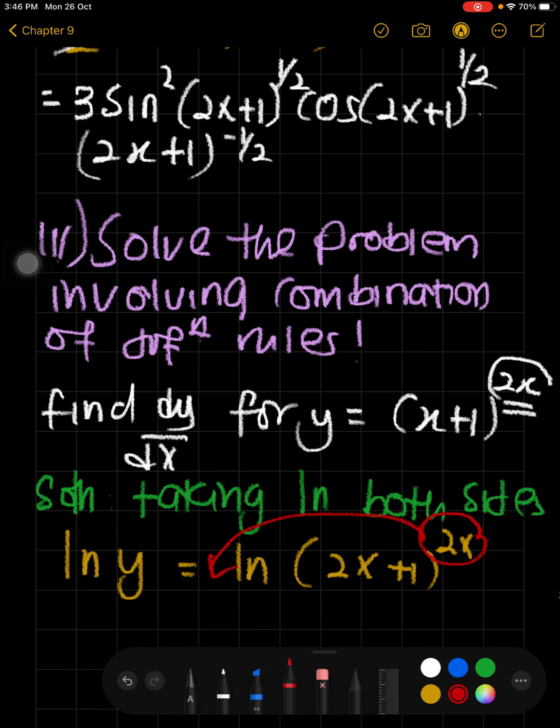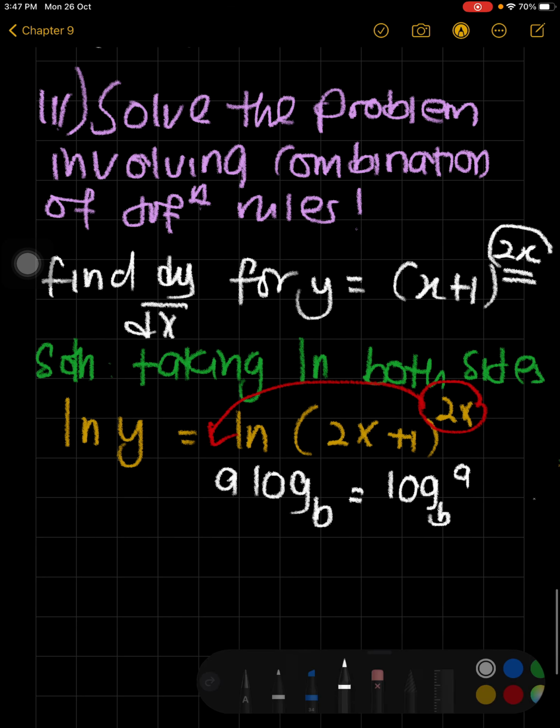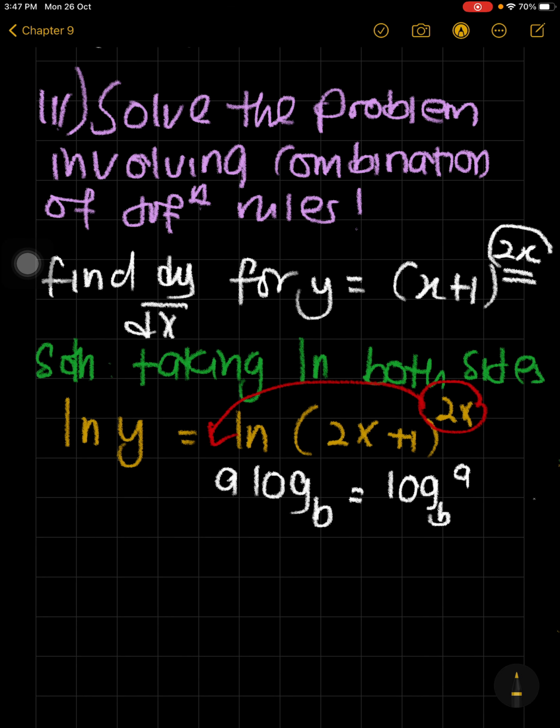Kita guna konsep of logarithm. Konsep apa ya? Konsep yang a log b sama juga dengan log b kuasa a kan. Okay, so kita guna rules tu lah. Okay, so sambung balik. So bila you differentiate ln y ni, kita kena belajar implicit actually.